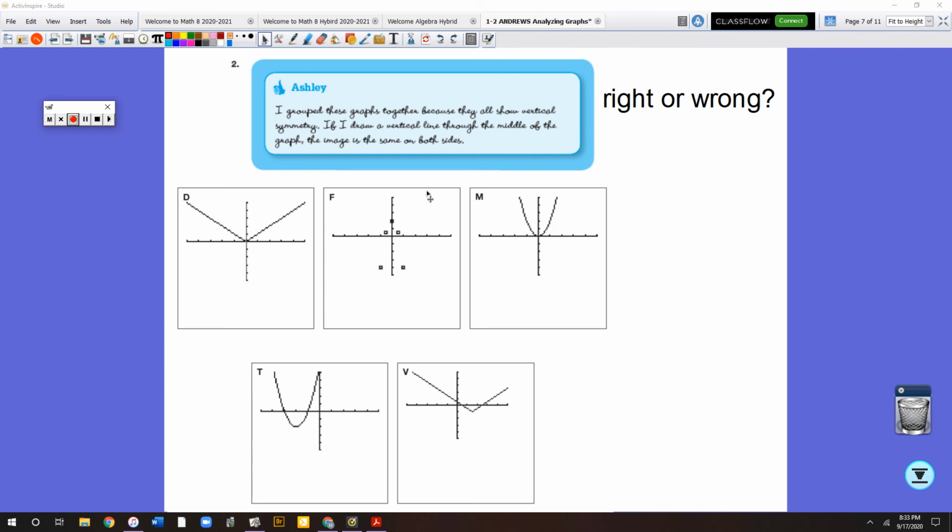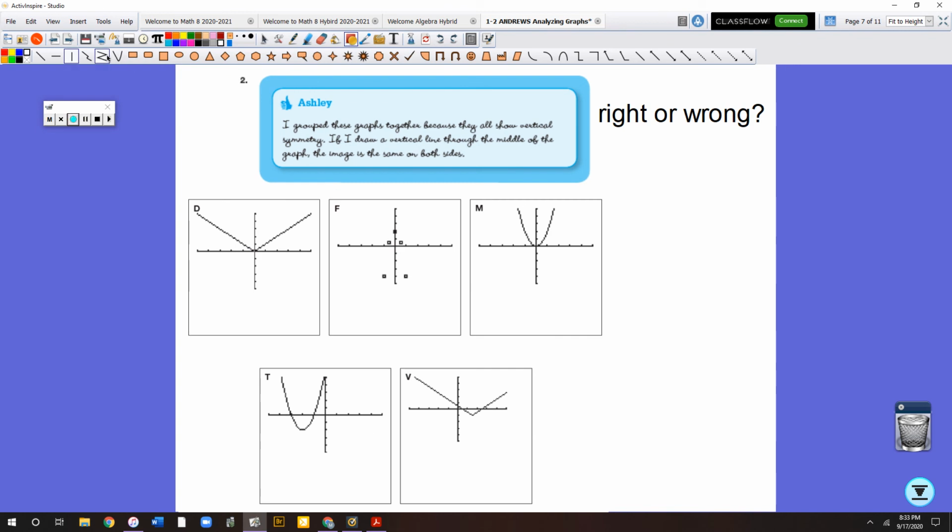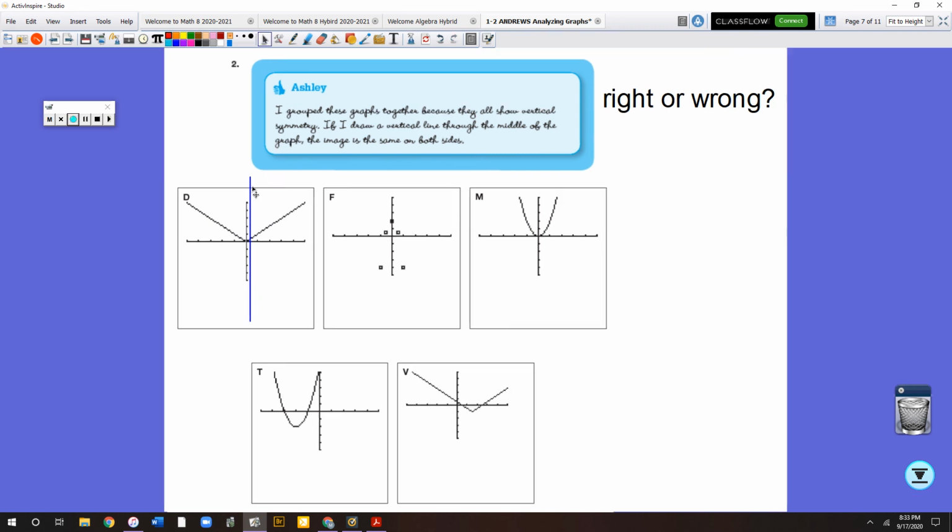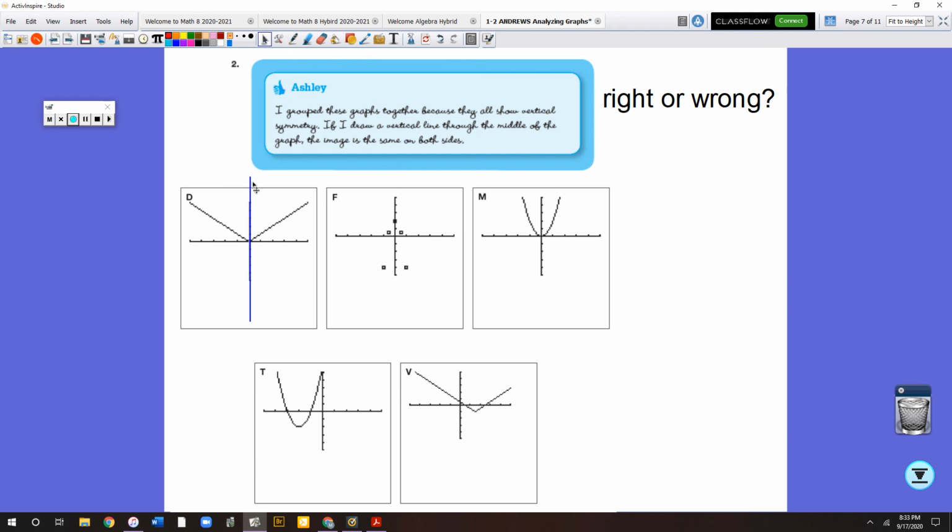And they're trying to trick you here. So let's talk about what symmetry means. It talks about a vertical line here, but we're not talking about the vertical line test. Symmetry means that if I take a line and put it in the middle of the graph, it looks the same on both sides. Okay, so that one looks symmetrical.